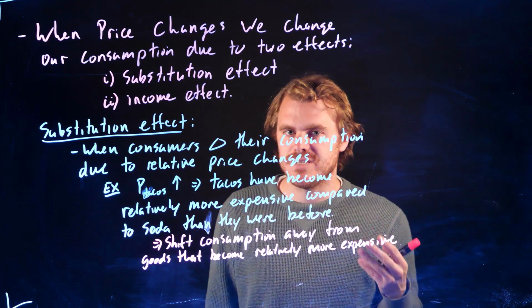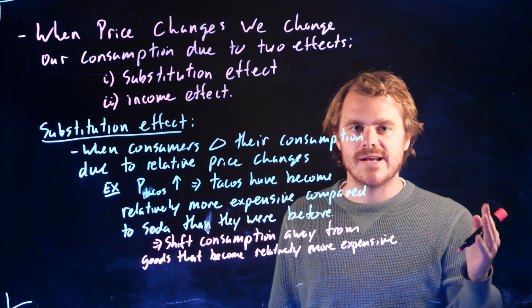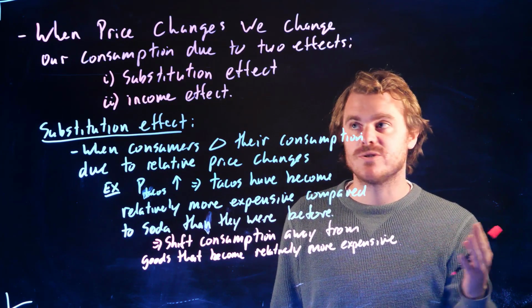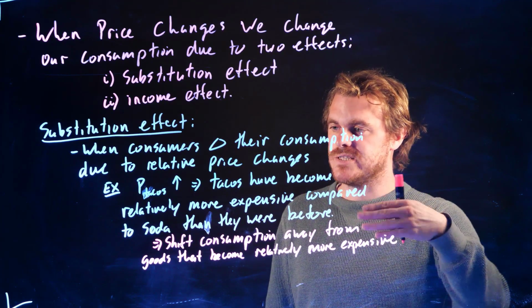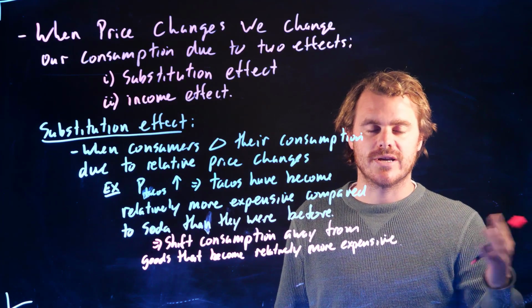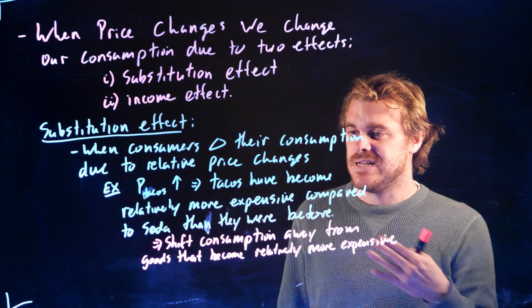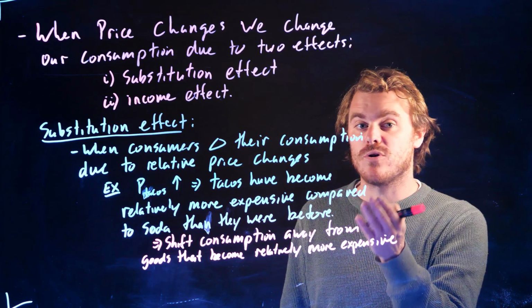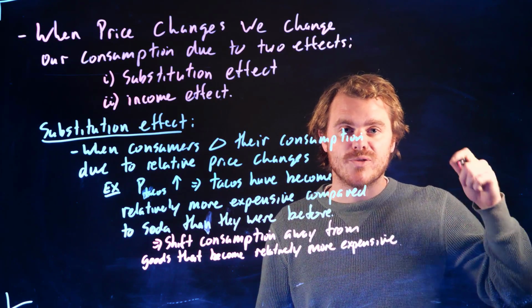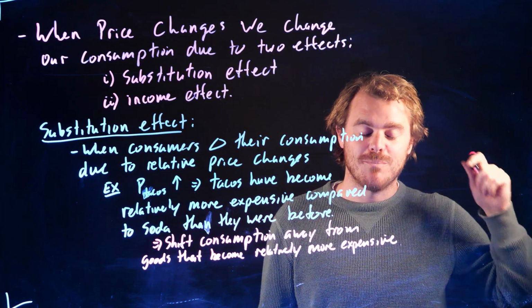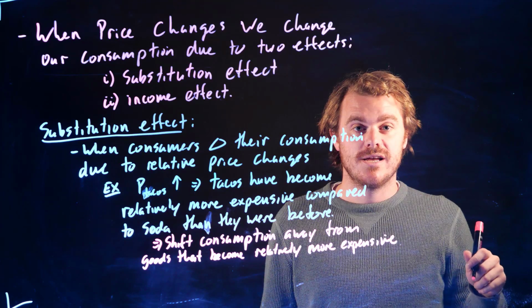So that's what the substitution effect is all about. It's all about how a change in price is changing the relative price between these two goods that we're looking at. So for instance, the price of tacos goes up, and we're looking at the market for tacos and sodas, and the price of soda remains constant, then tacos have become relatively more expensive than they used to be. So the optimal bundle that we were having before has got to change.